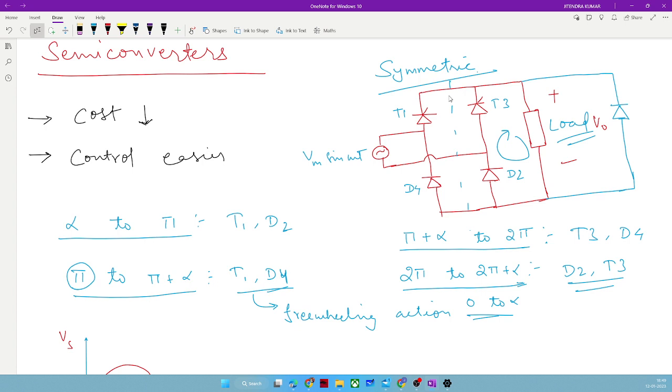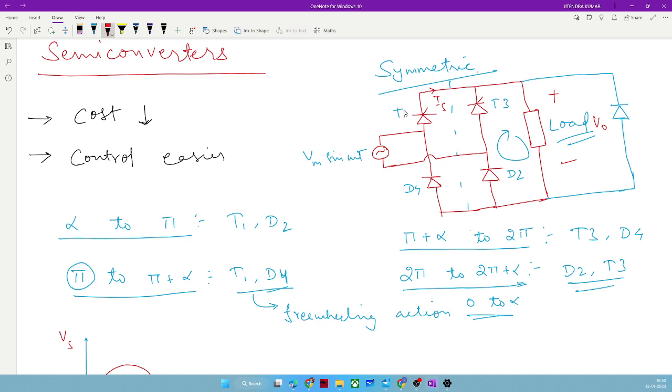When freewheeling operation was happening in this circuit, then source current is zero, right? Source current is zero because freewheeling action only relates to the output side. It is only relevant to the load side and will be limited from load to the devices. It is not going to reflect on the source side.